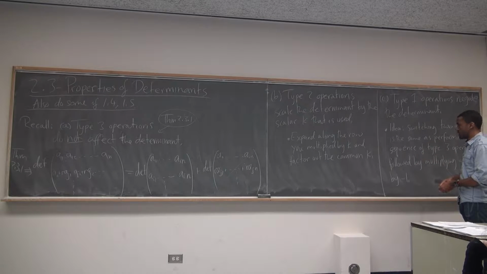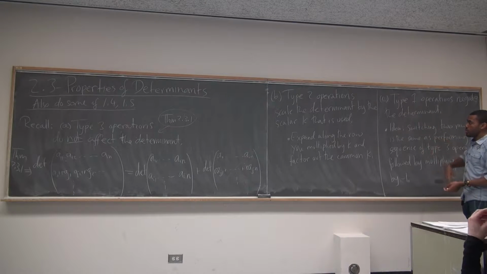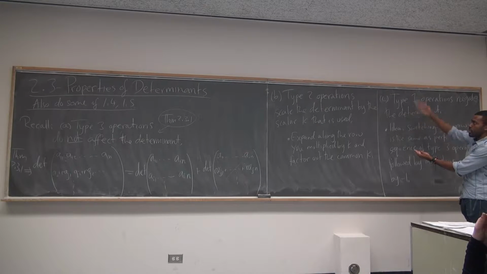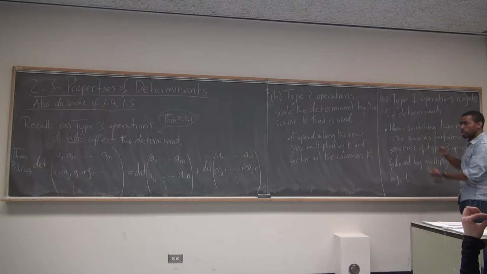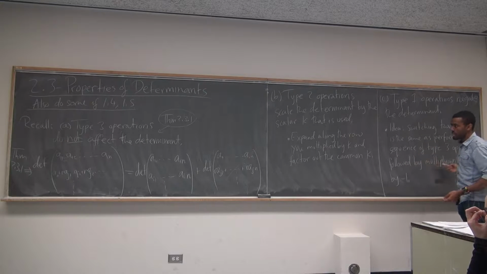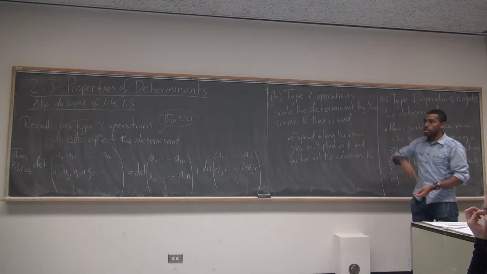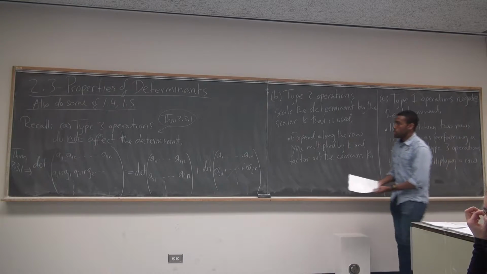So let's say you want row 1 to be switched with row 3. What you can do is take row 3, add row 1 to it, and then subtract from row 1 the original row 3 numbers. So you're doing type 3 operations. At the end of the day, to make everything level, you're going to have to multiply row 3 by -1. And according to this one, that makes the determinant negative. So we have those.